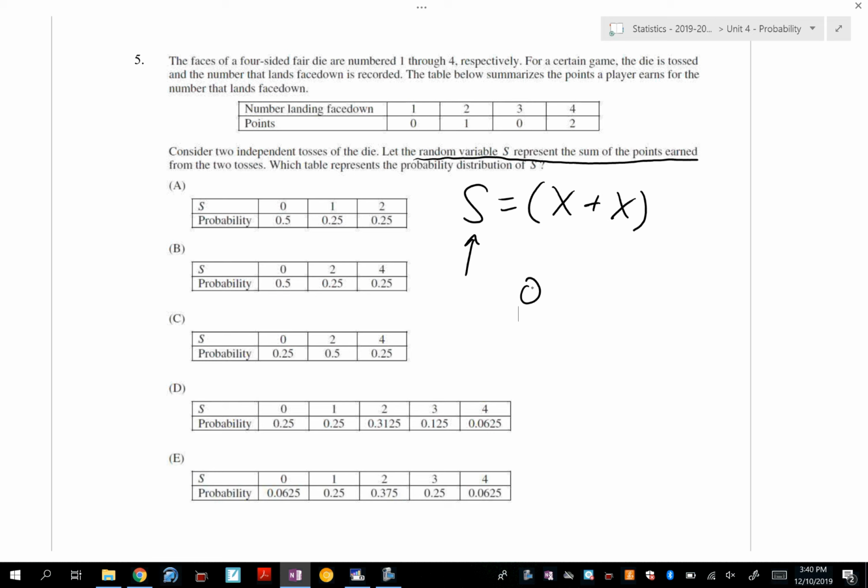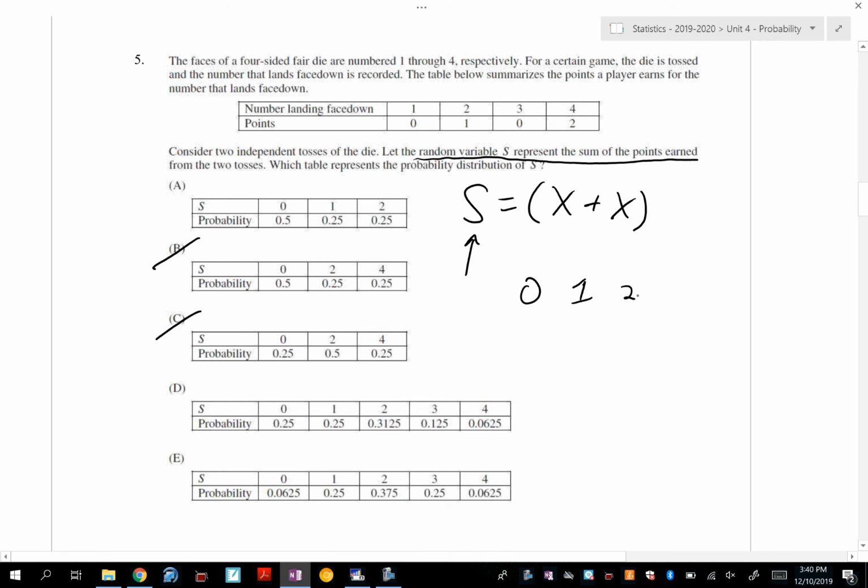Can I get 1? Yes, like a 1 and a 2. So I can get a 1. So immediately I crossed out B and C, because do you see how they don't have 1 as a possible value here? You can get 1, so that's why I've crossed those out. Now, could I get 2?